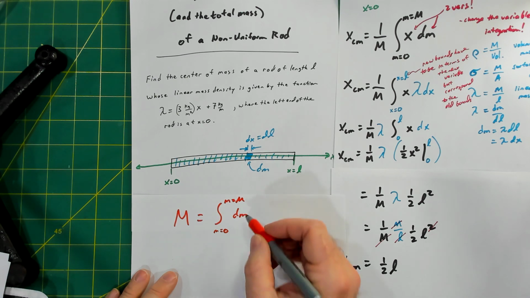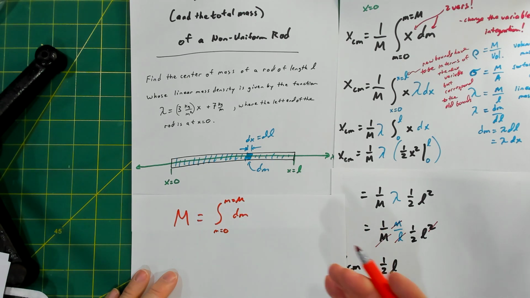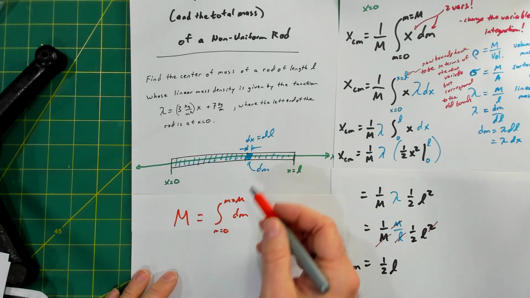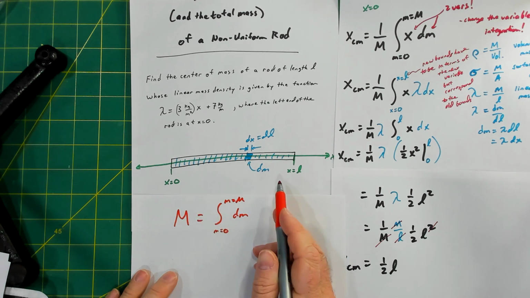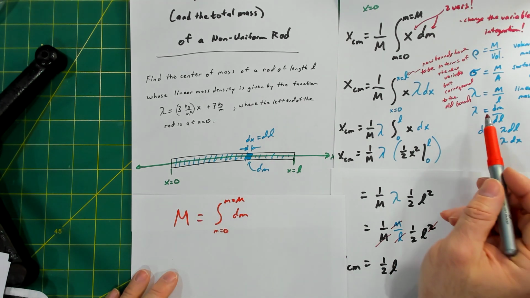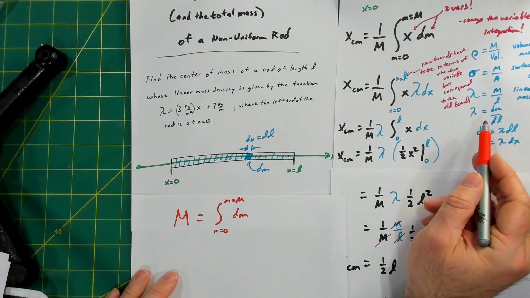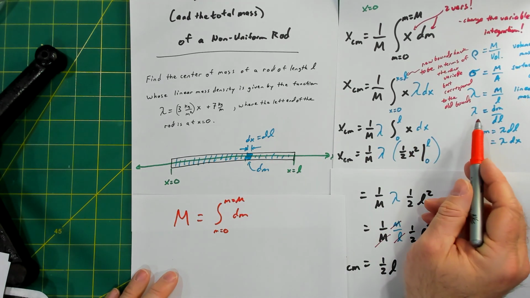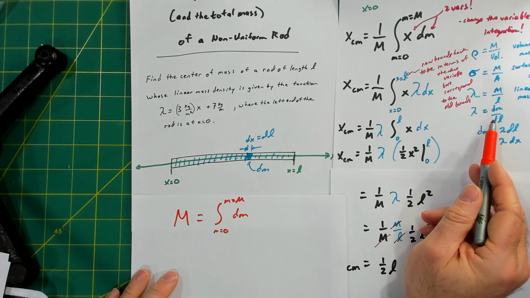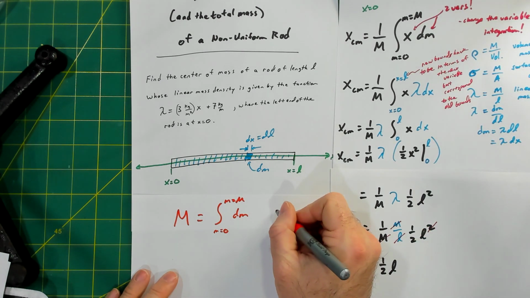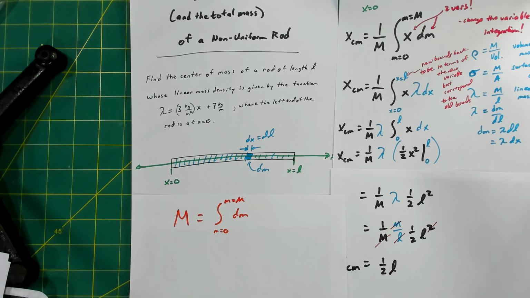That's what I'm going to do. But where it says dm, I'm going to sub in what? Not take an integral in terms of mass. I'm going to take an integral in terms of, again, position, in terms of x. Again, I'm going to use lambda, my linear mass density. And that linear mass density, again, is not a constant. It's going to be dm to dl, not m over l. So I'm going to do that substitution again with the linear mass density.